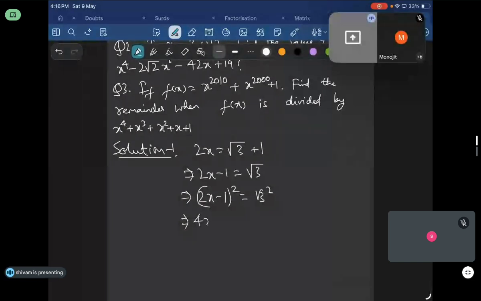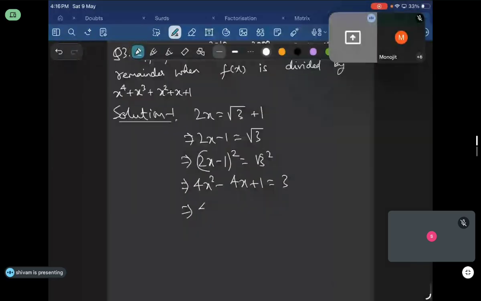This implies 4x square minus 4x minus 2 is equal to 0. You can divide it by 2, you will get 2x square is equal to 2x plus 1.